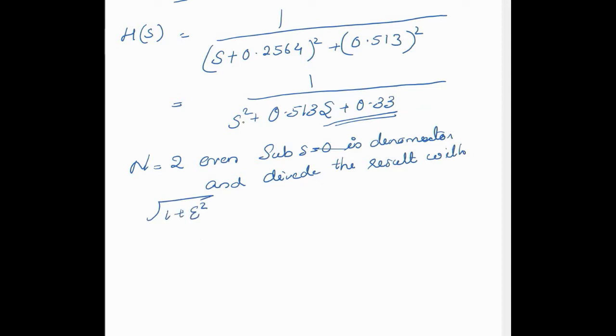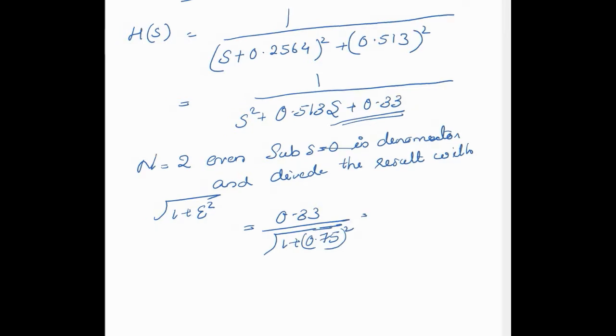So you are substituting s is equal to 0, these terms will go, 0.33 divided by root of 1 plus 0.75 the whole square, you will get the value as 0.264.